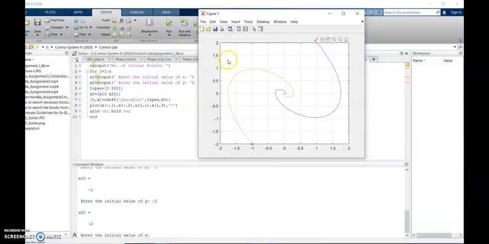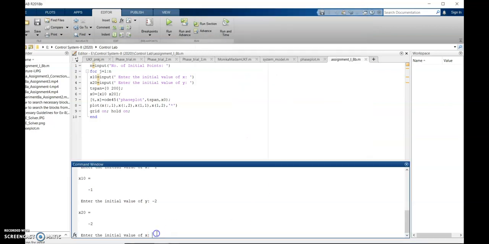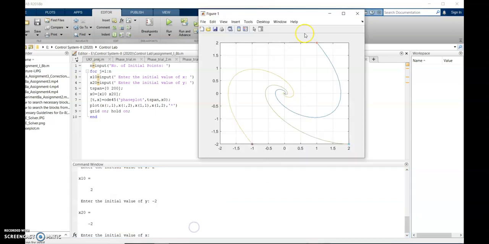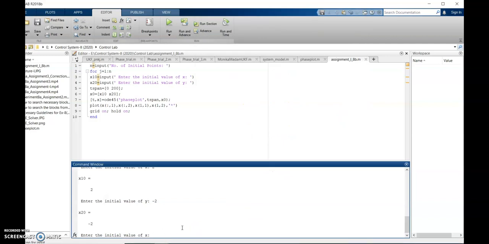So -1, -2, another graph has been generated. For the third set, the initial value of x is 2, and of y is -2. Again, a third graph with a different color. Last set of data, -2 and 2.